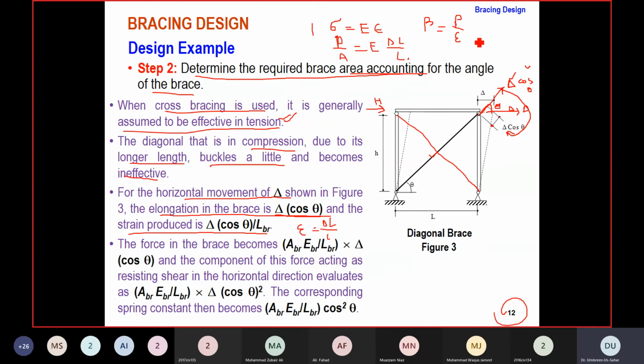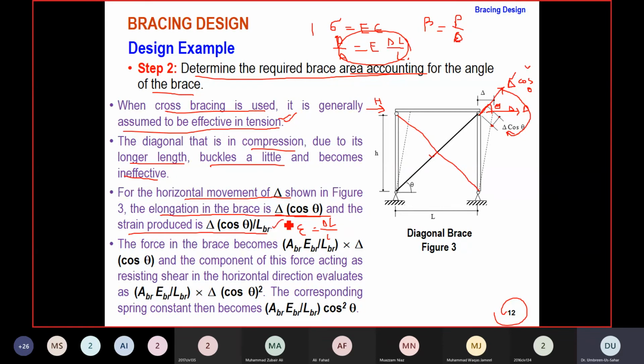This is the rate of change of deformation with respect to load. In this equation of stress and strain, the relationship between P and delta, P over delta, gives you the stiffness value. Similarly, we are doing it over here.